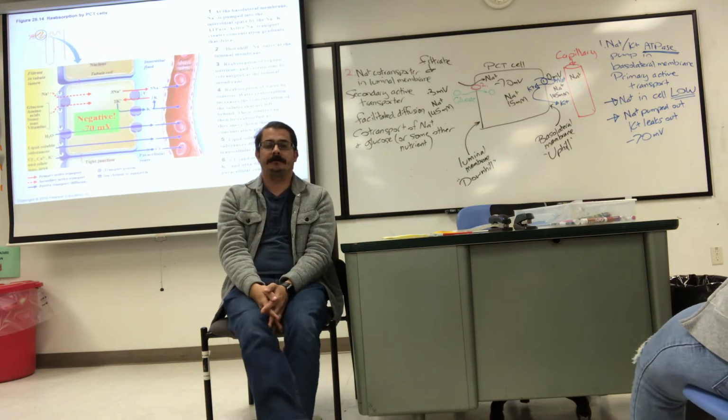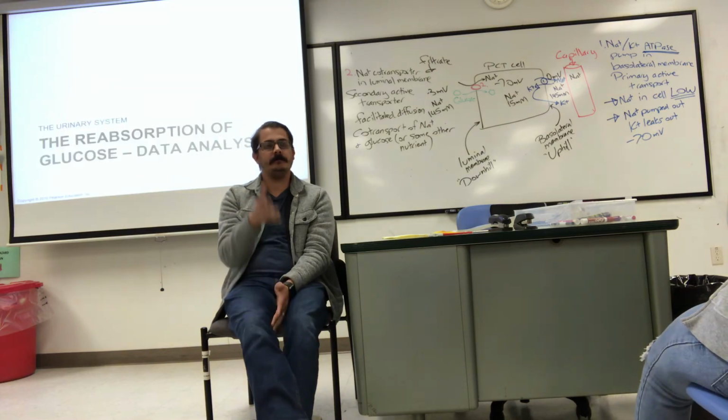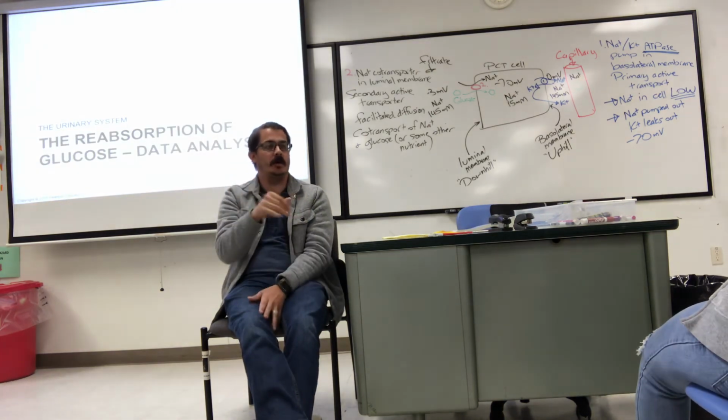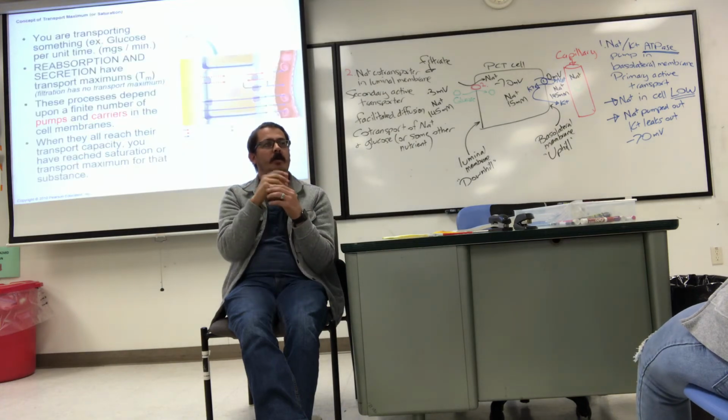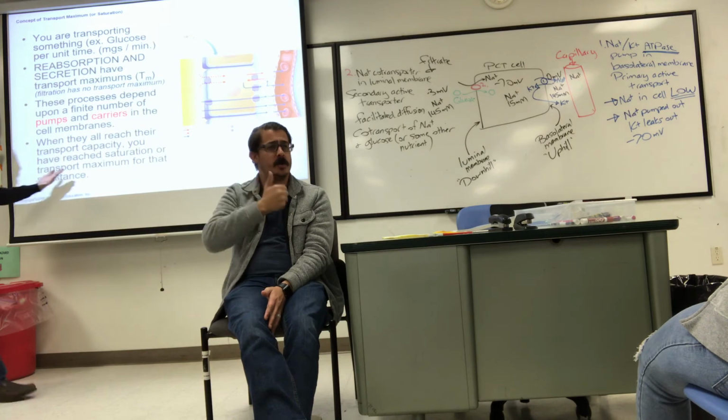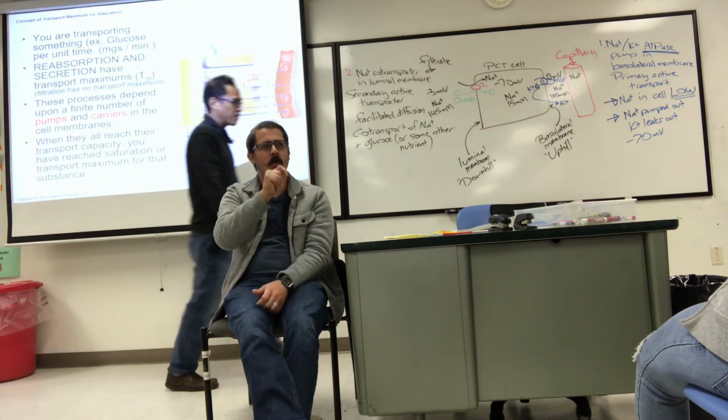I want you to understand this in another way on glucose reabsorption. Let's say some data analysis. I want to get back to the idea of transporting something per unit time in mgs per minute. So you have a transport rate.